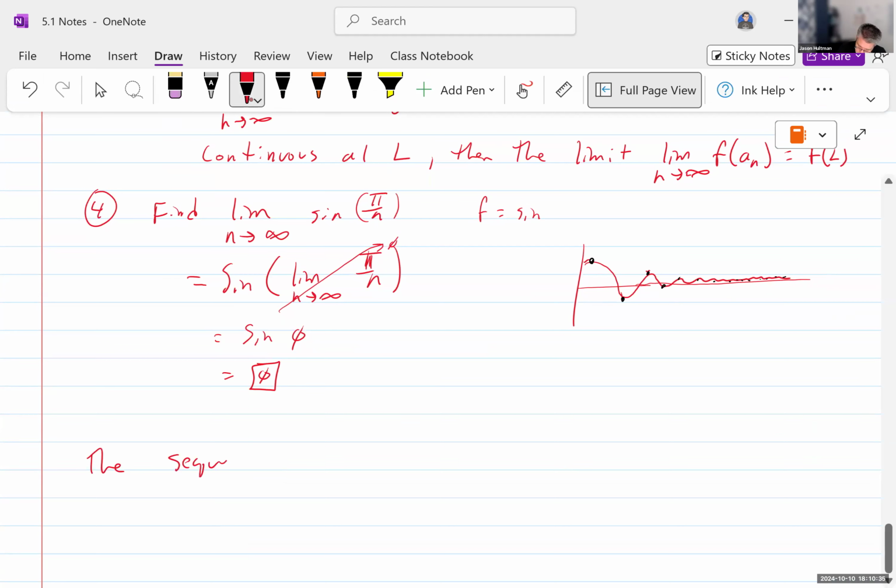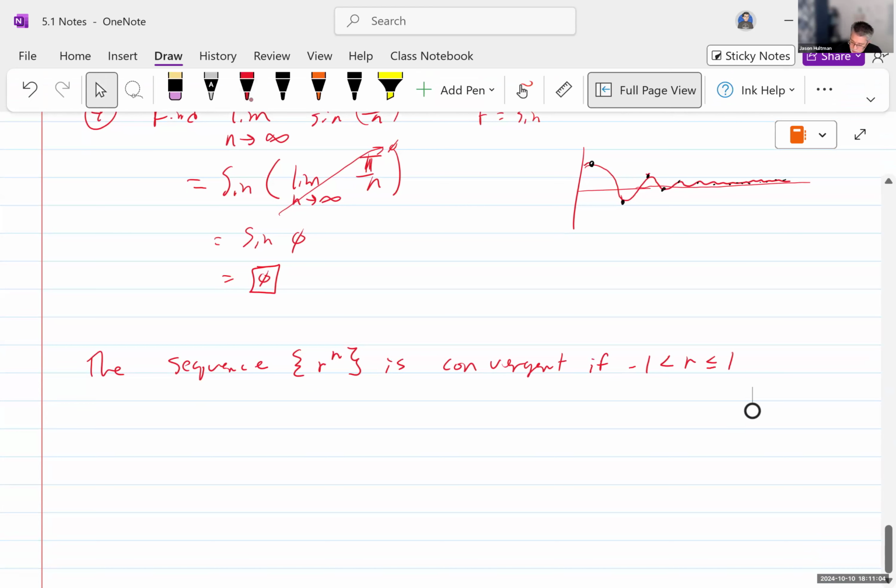The sequence r to the nth power is convergent if -1 is less than r, or r is less than or equal to 1. So r is bounded between these values, -1 and 1.